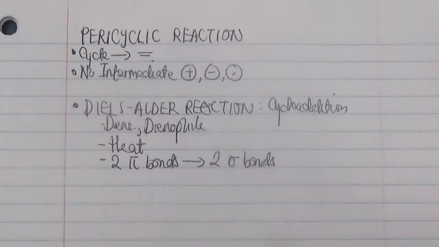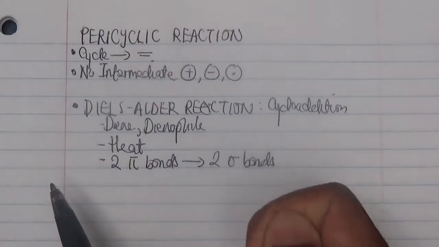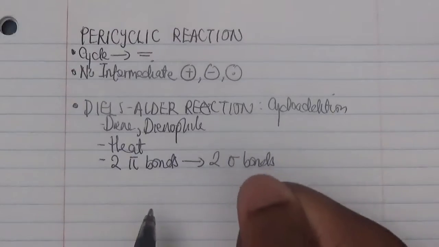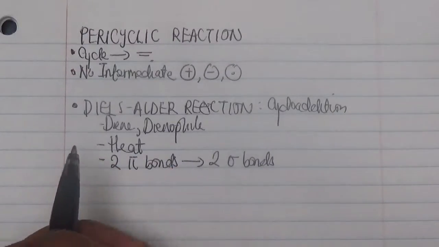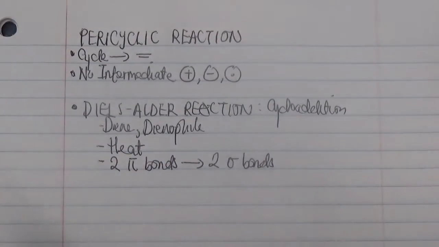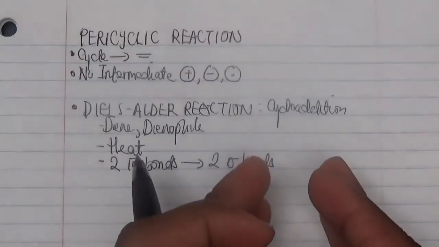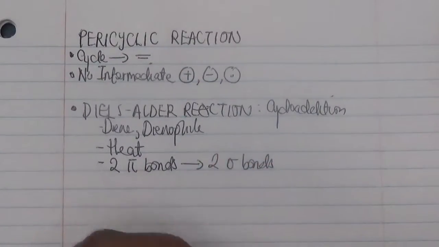Since sigma bonds need more energy to form, and pi bonds require less energy, you need to put energy into the system to make them. Sigma bonds are costly.